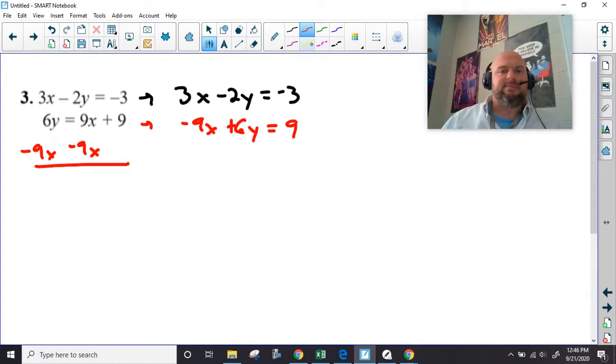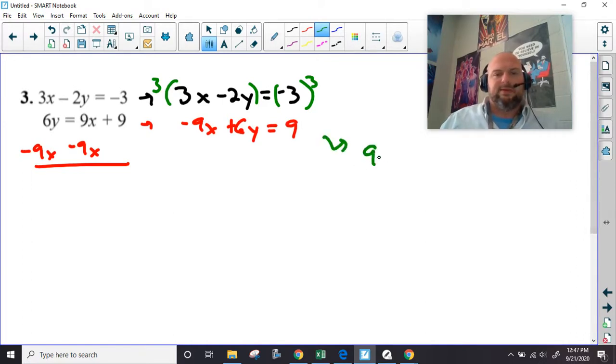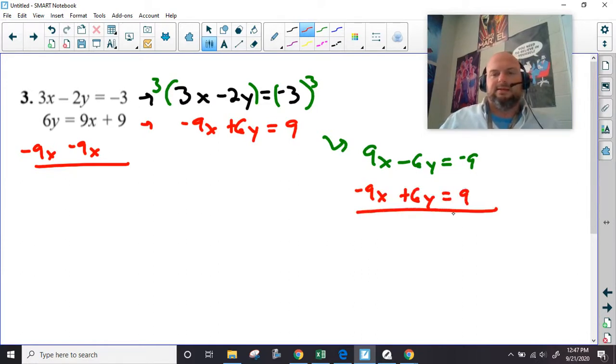All right. If we were to try to get rid of the x's, if we multiply everything up here by 3, I'm just going to kind of move this over here. So now we have 9x minus 6y is negative 9. And I'm leaving this alone. So when we combine everything, we get 0 plus 0 equals 0.